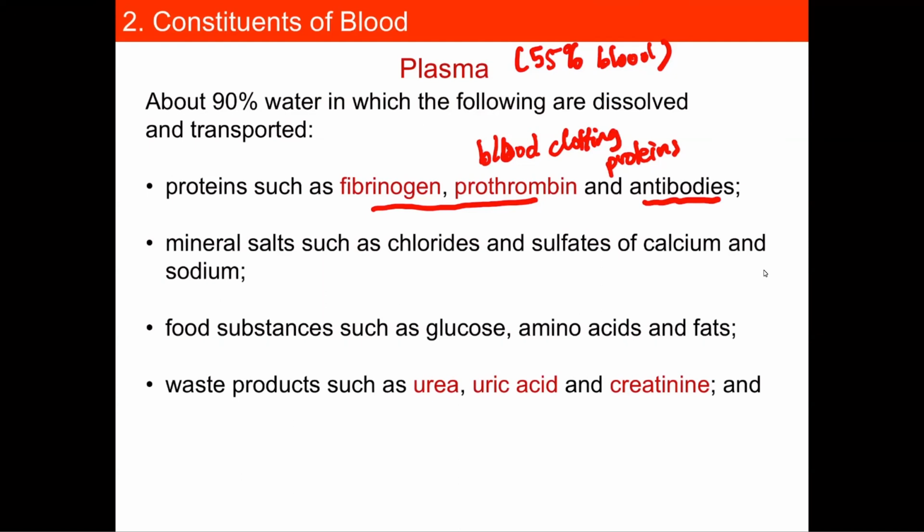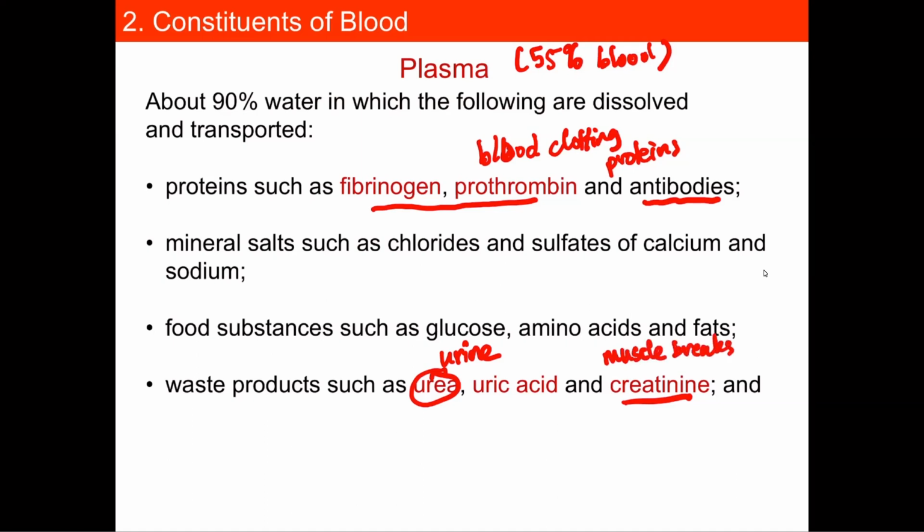Now creatinine is basically a waste. I think you all should know urea and uric acid, urea especially. This is a main constituent of your urine, right? Your urine will have urea, which is being removed via the kidneys. Then creatinine is a waste product that is produced when muscle breaks down.